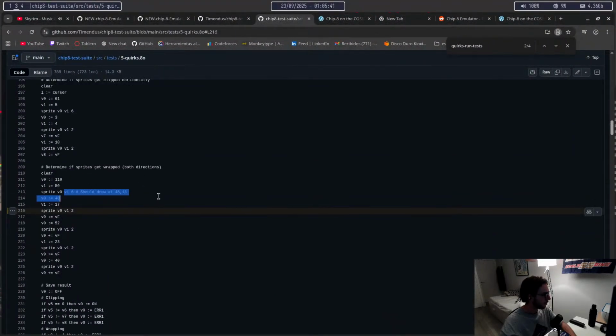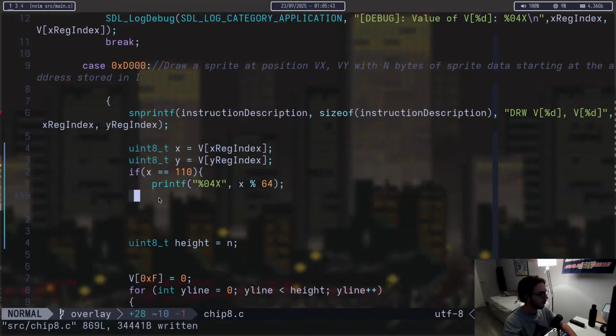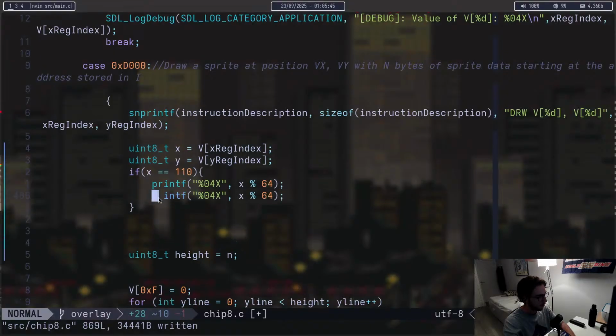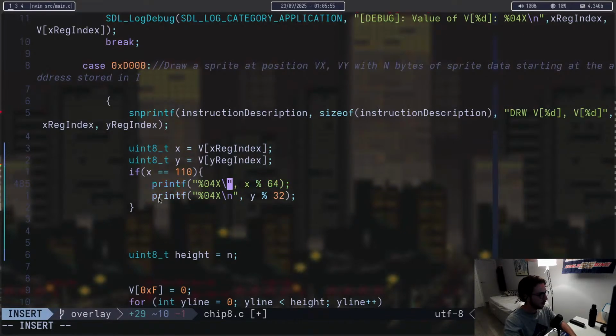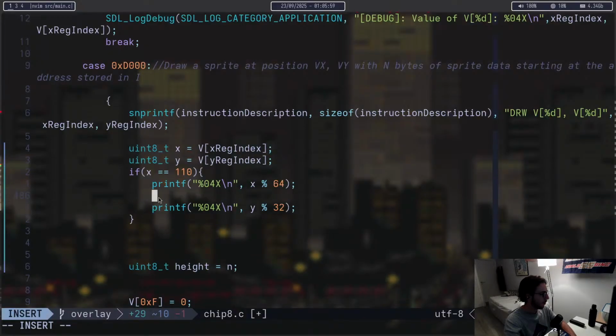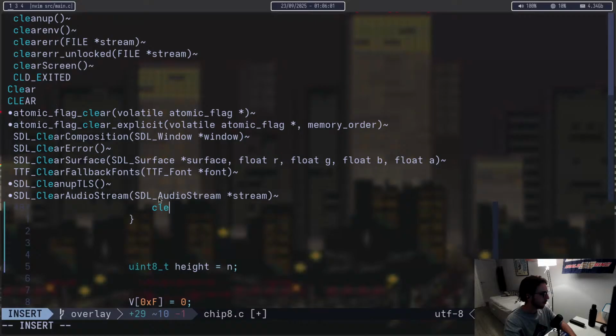Okay, 46, 18. I'm actually going to do a bit of cheat code here.